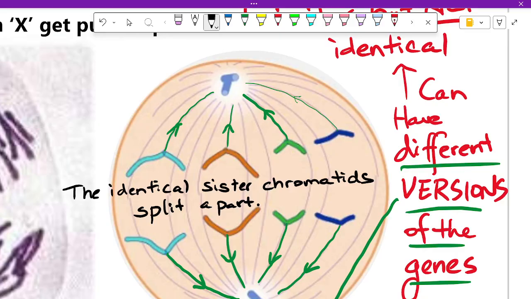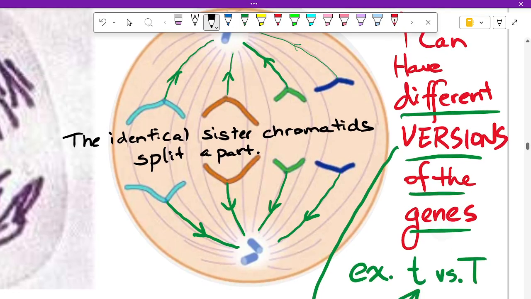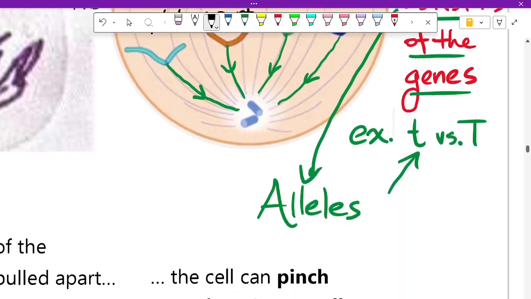Okay, so everybody lines up along the middle. The sister chromatids split apart, at which point they just become a chromosome again. And eventually they all end up at one end or the other end of the cell.